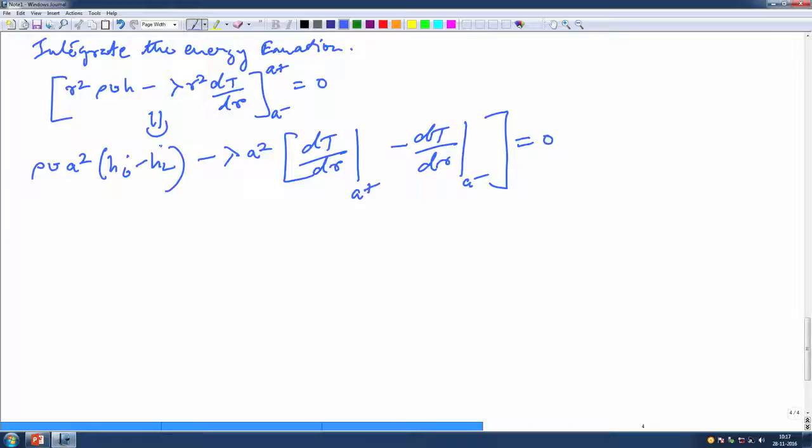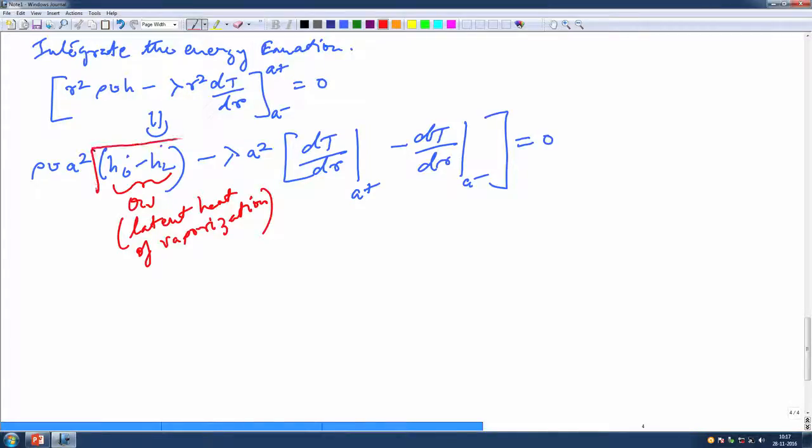Now the vapor and liquid enthalpy difference, what is this term actually called? This is basically called QV, the latent heat of vaporization, because it is the difference in enthalpy of the liquid and the vapor.